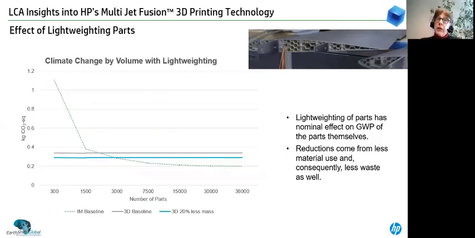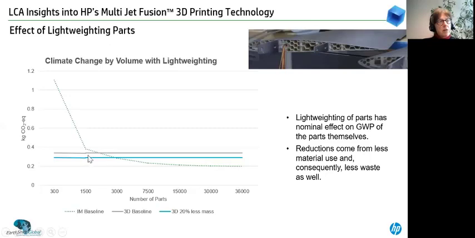Now, the next thing we looked at is the capability of 3D printing to lightweight. And so the parts that we were looking at could be lightweighted by as much as 20%. That's what the automotive engineers that we worked with said. And so again, we've got the 3D printing as it stands today in this gray line, and then the 20% less mass in the blue line.